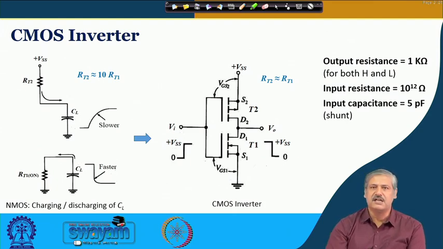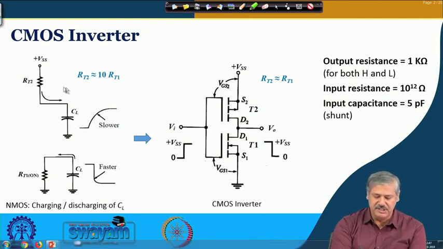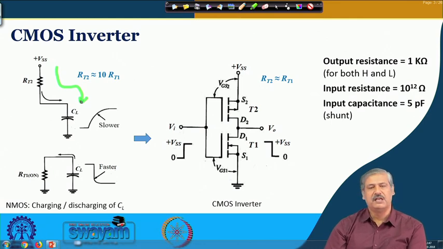So, this charging of the capacitor by this particular resistance, which is relatively high, takes more time than the discharging of it. Okay. So, which limits the speed, which brings an element of asymmetry.